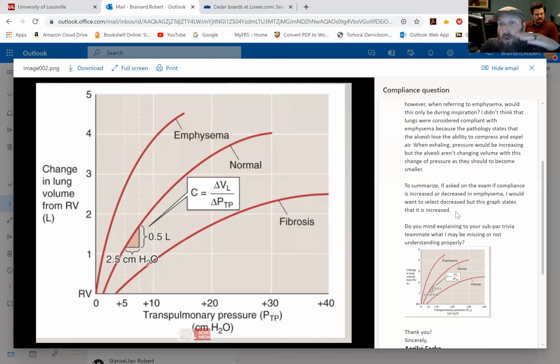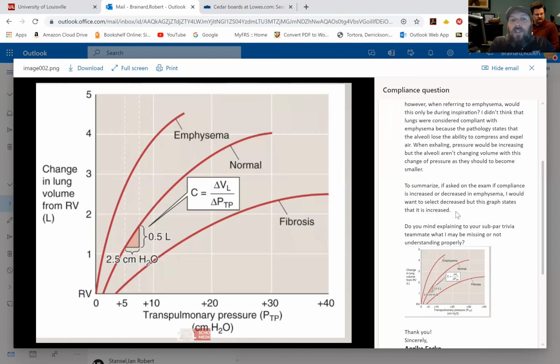Normally in emphysematics compliance is increased. But when we're looking at a compliance curve with emphysema, they will eventually get to the very top of that curve, right? And so they're at such a large volume that compliance is decreased. It's decreased compared to this little triangle on the normal curve.